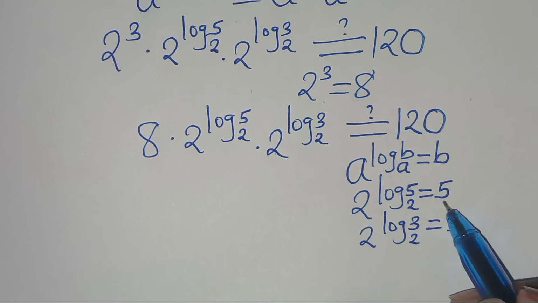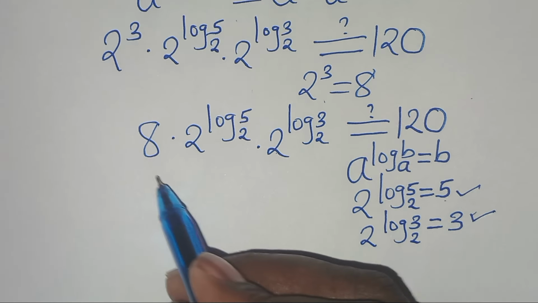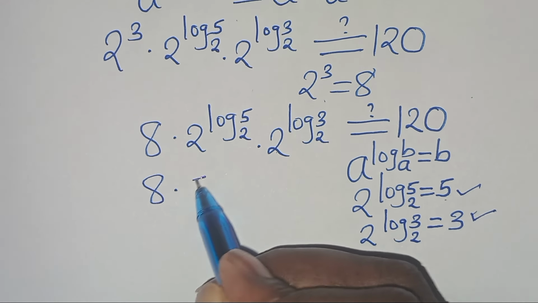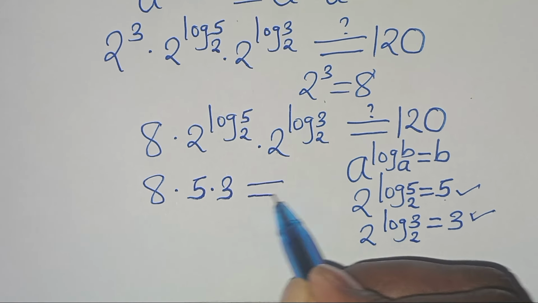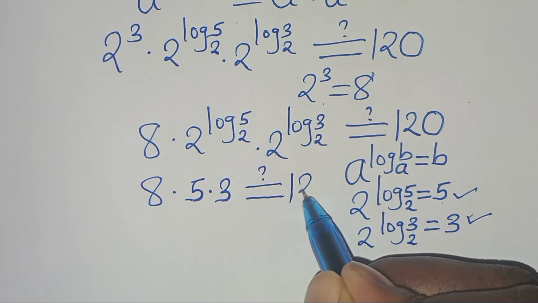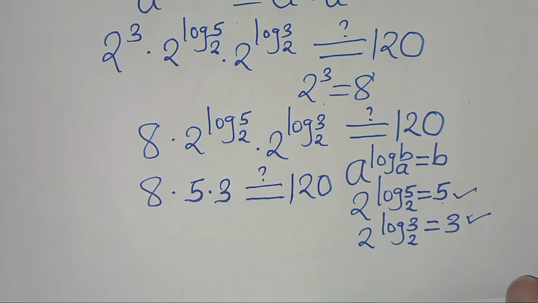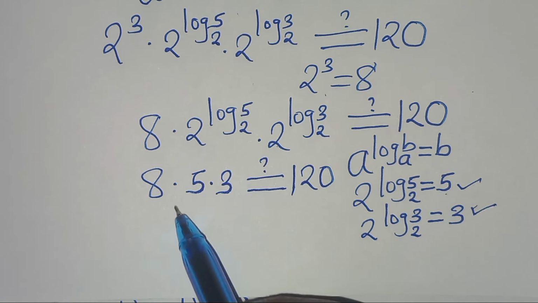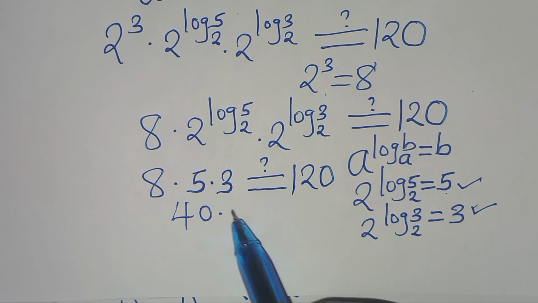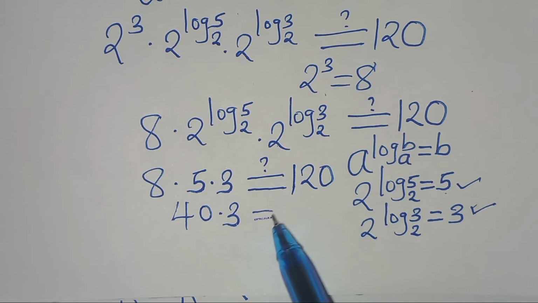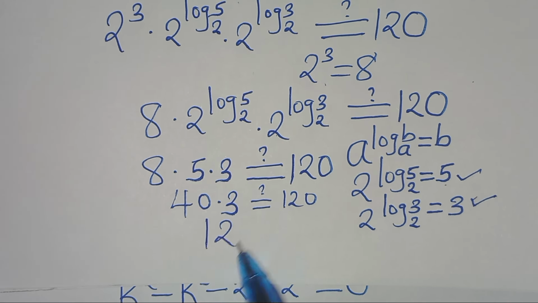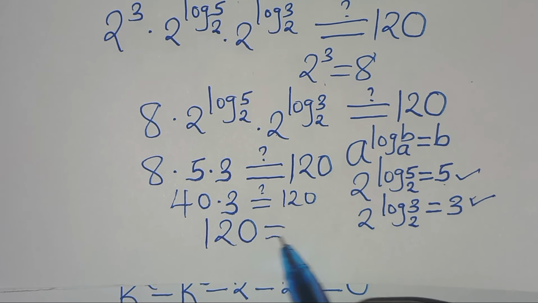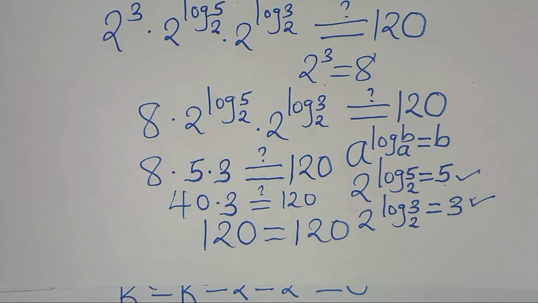So let's substitute 5 and 3 so that we have 8 times 5 times 3. This should give us a value of 120. So 8 times 5 is 40, times 3. 40 times 3 is 120, which is equal to 120.